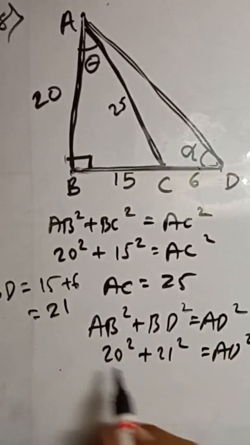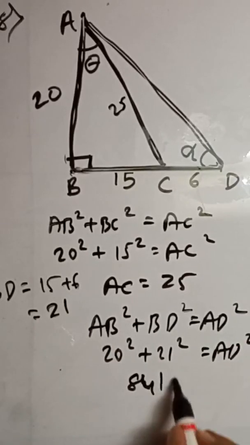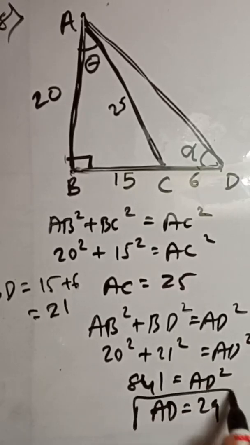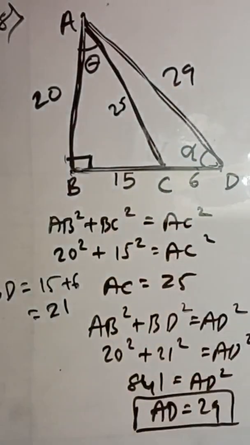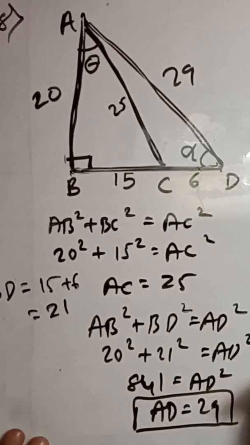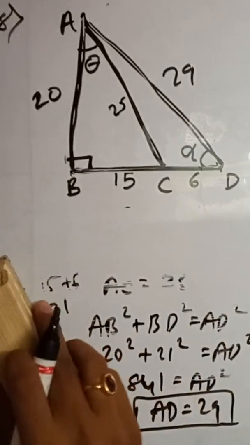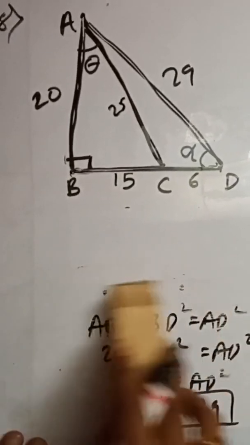We have done this many times. This comes out to be 841 and you will get AD as 29. Done. You can pause the video and copy it.